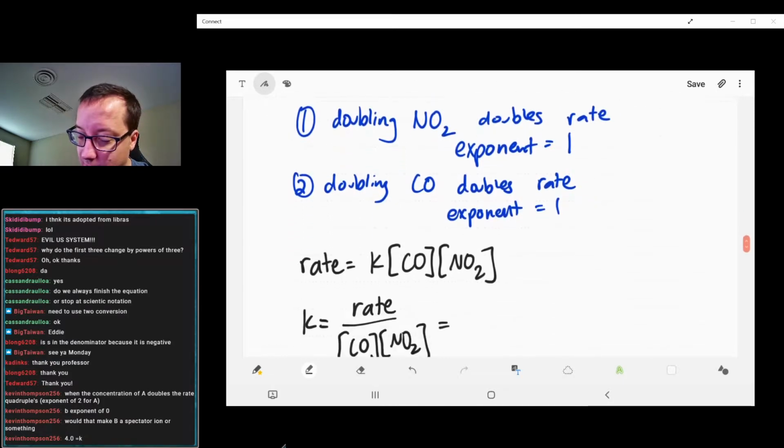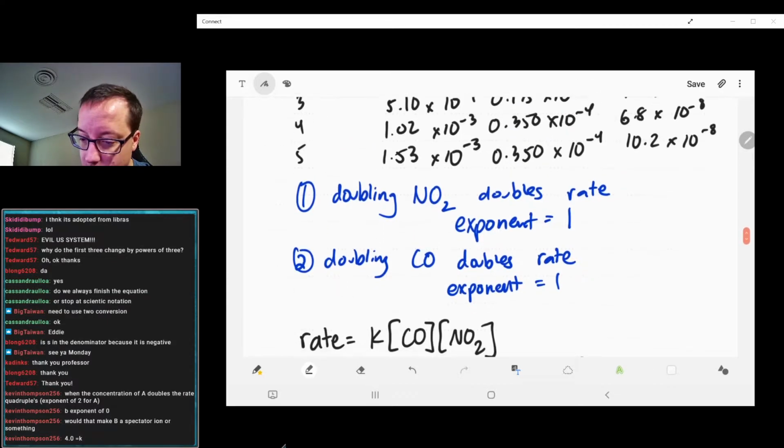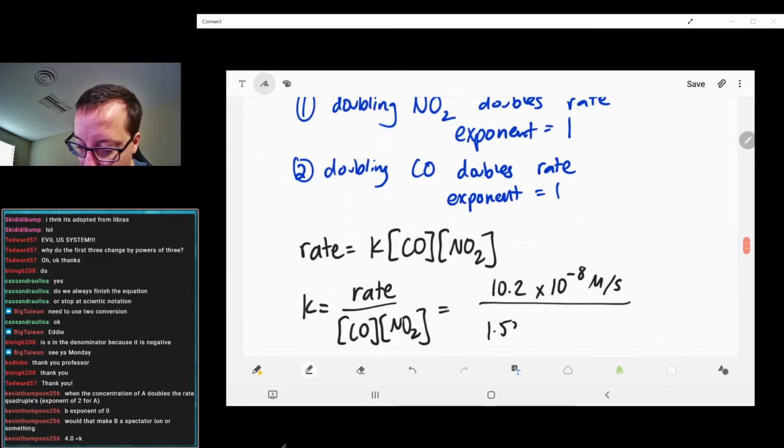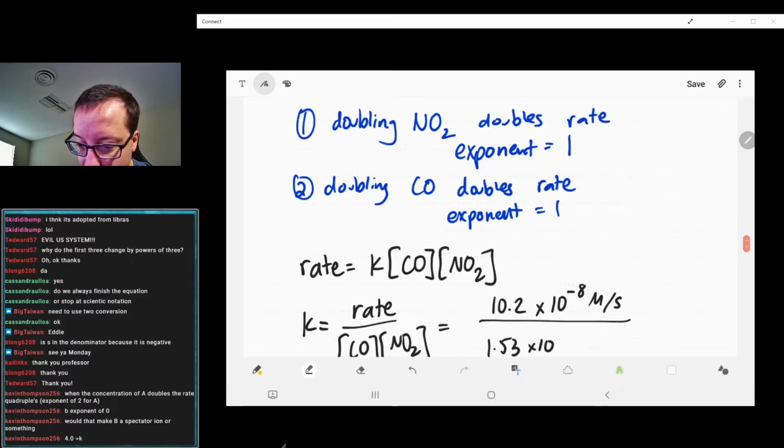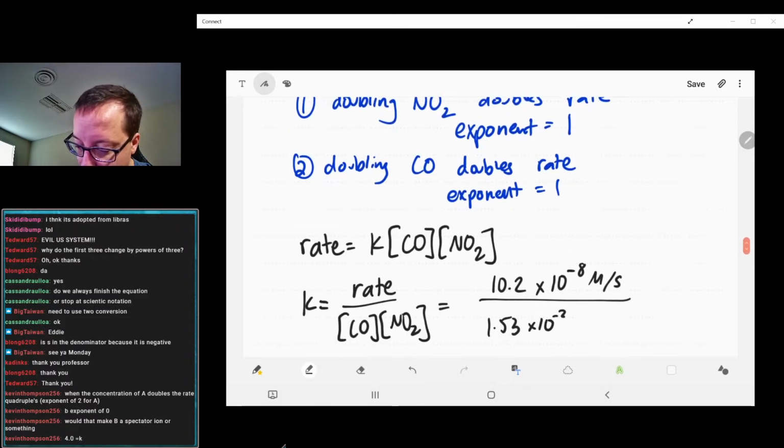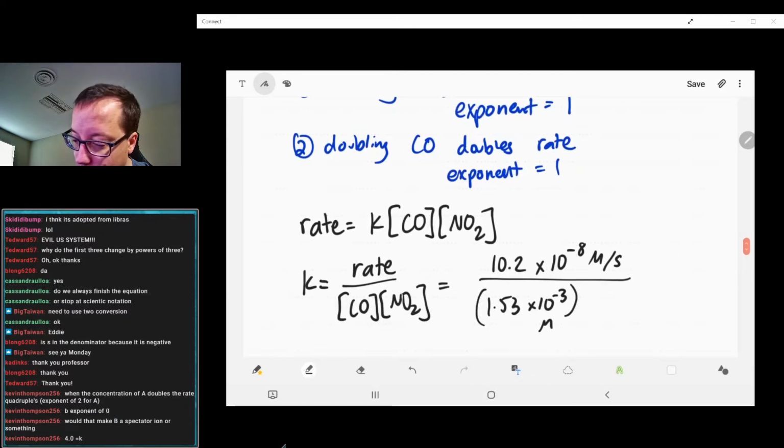So that's a rate of 10.2 times 10 to the negative 8 molar per second. We have 1.53 times 10 to the negative third molar. And then we had 0.350 times 10 to the negative 4 molar as well.